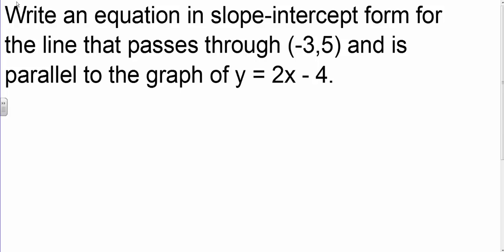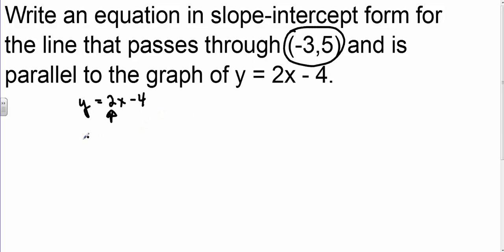Write the equation of a line in slope-intercept form for the line that passes through (-3, 5) and is parallel to the graph of y equals 2x minus 4. So we've got y equals 2x minus 4. We know that it's going to be parallel, so we're talking about a slope of 2. It's going to have the same slope. So we use the point that we've got, (-3, 5).